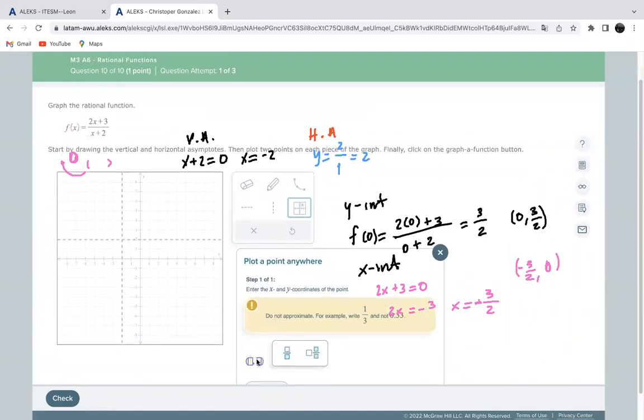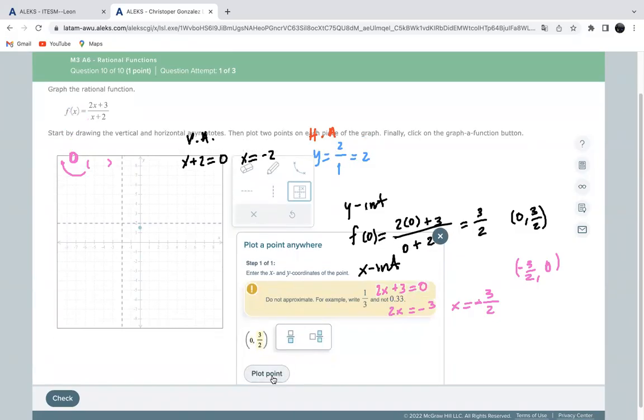The first one being (0, 3/2). And the other one being (-3/2, 0).